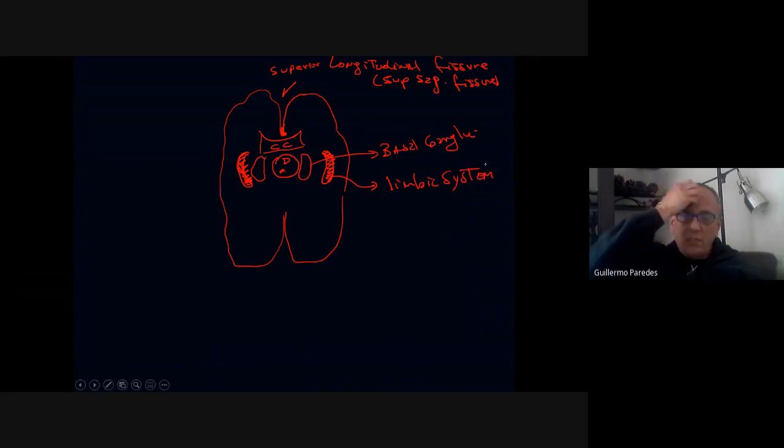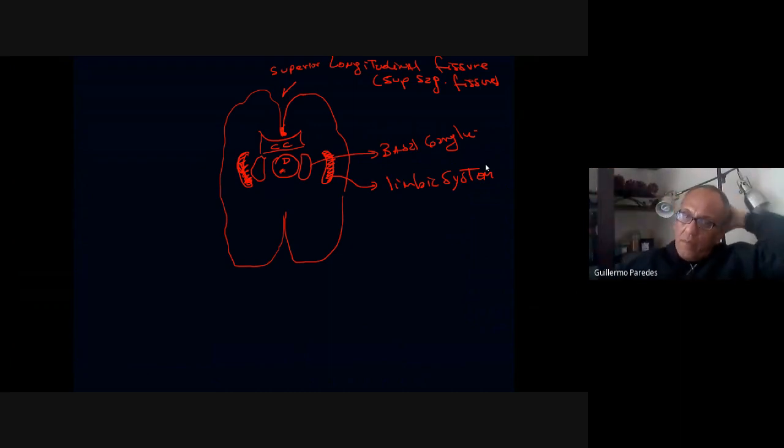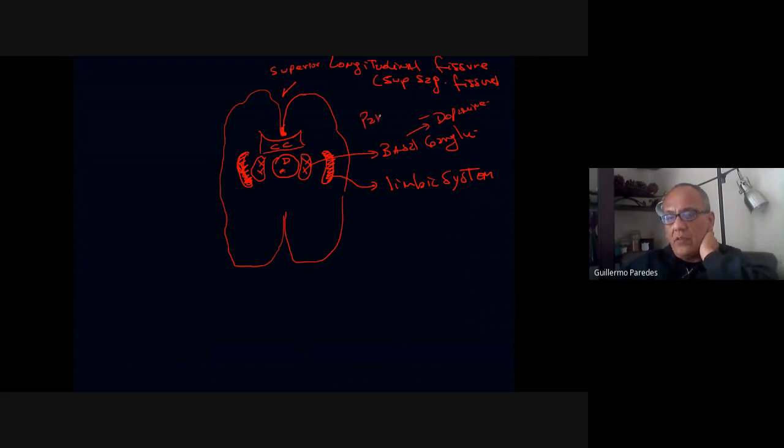The limbic system. Just remember, in the center we have the diencephalon. Then we have the basal ganglia. If you want to know about the basal ganglia, they are the ones who produce dopamine. These basal ganglia, for different reasons, produce low dopamine, and that is going to lead to Parkinson's disease.